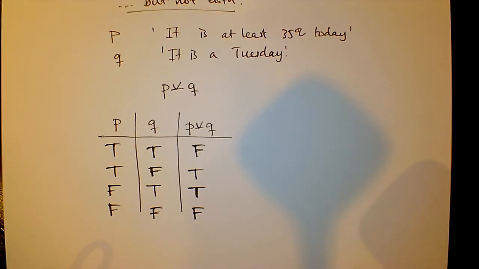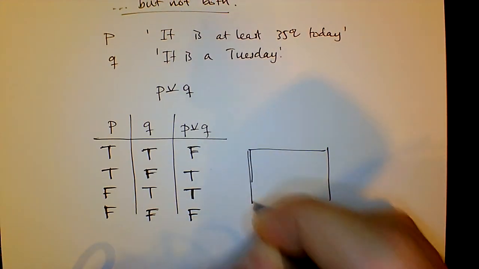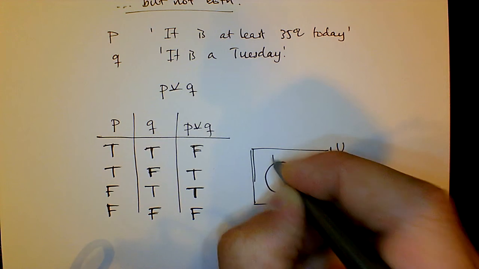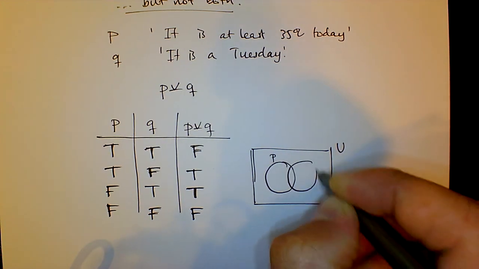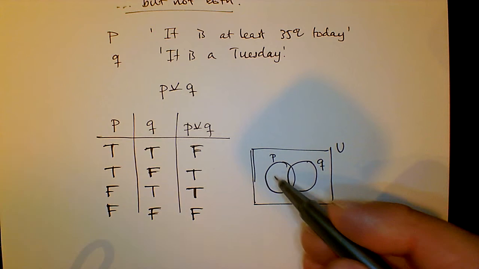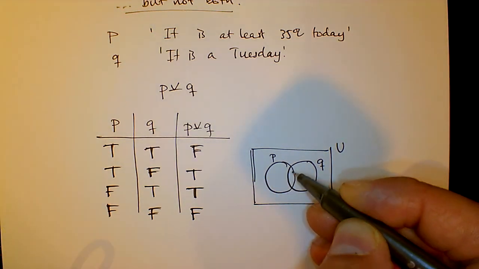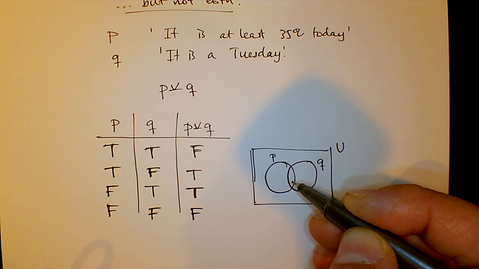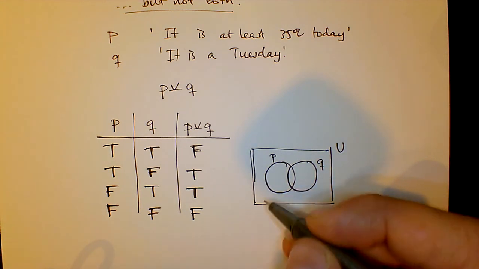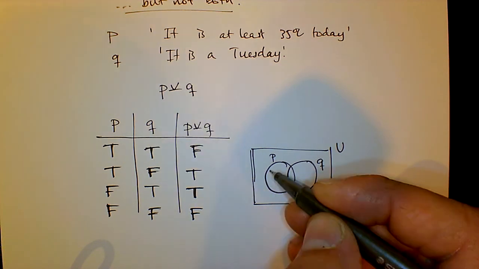Okay, so what does this look like in a Venn diagram then? So we then draw the P and the Q. And then, okay, so when do we have exclusive disjunction? Well, we do not have it where they both occur, because that is the inclusive disjunction, and the exclusive disjunction by definition is where we do not have both.